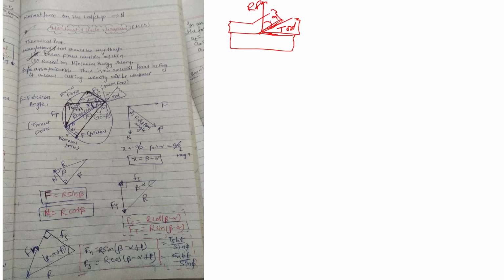This is alpha. This is the shear plane. This is phi. Let's say the chip, tool, interface and everything is the system. Let's analyze what kind of forces act on this system.